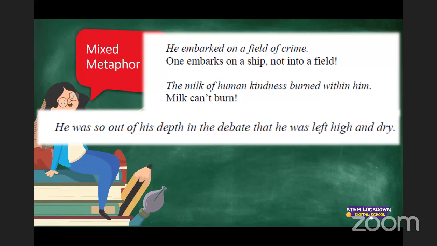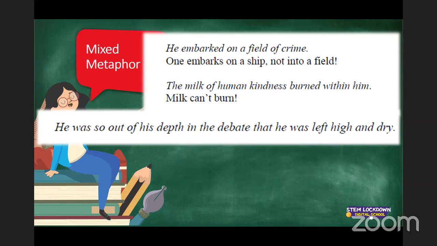Okay. All right. So the third one there would be he is so out of his depth in the debate that he was left high and dry. Okay, so if we look at that one, to be out of your depth is to be in water that is too deep for you to stand without it coming over your head.